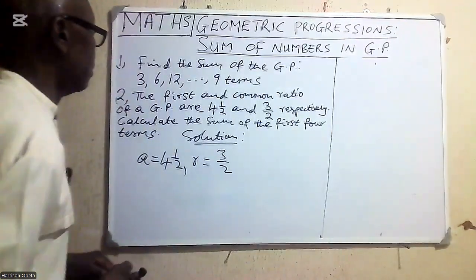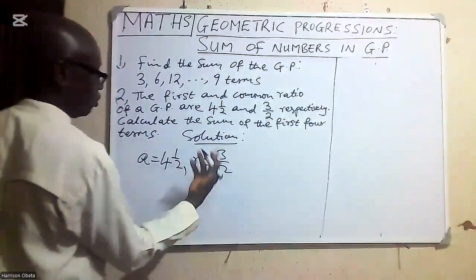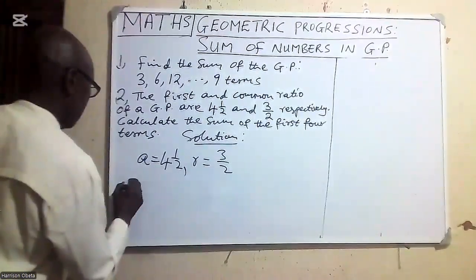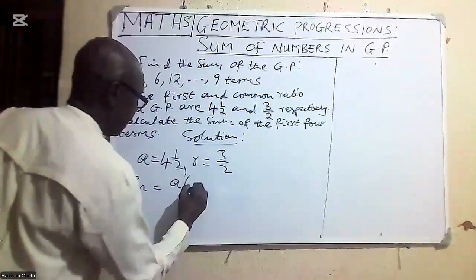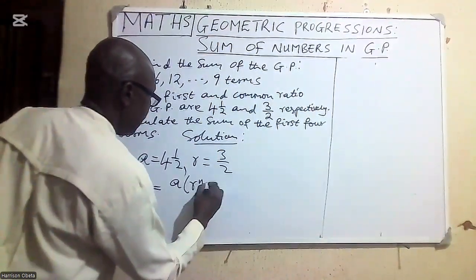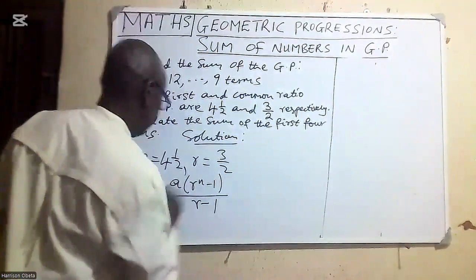Then we have to calculate the sum of the first 4 terms. That means our common ratio is greater than 1, so our formula should be Sn equal to A bracket R raised to power n minus 1 all over R minus 1.